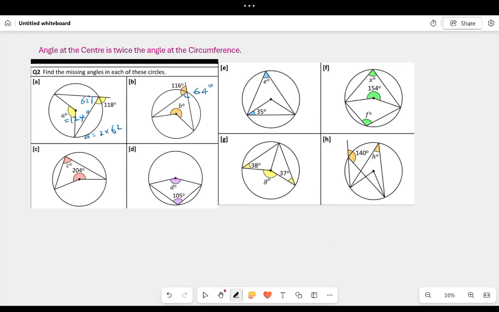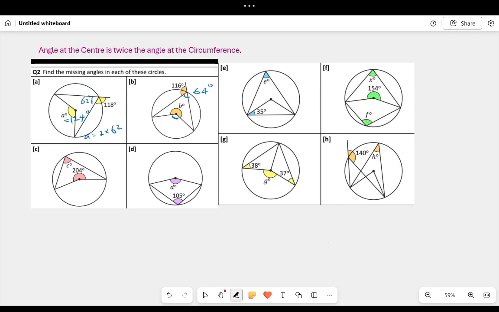And the angle at the center is twice the angle at the circumference. Therefore, this angle over here should be twice 64. It's not B. Look at this angle. The 64 is below the two chords of the circumference of the circle, and therefore the angle that we are supposed to compare is the angle that is below.